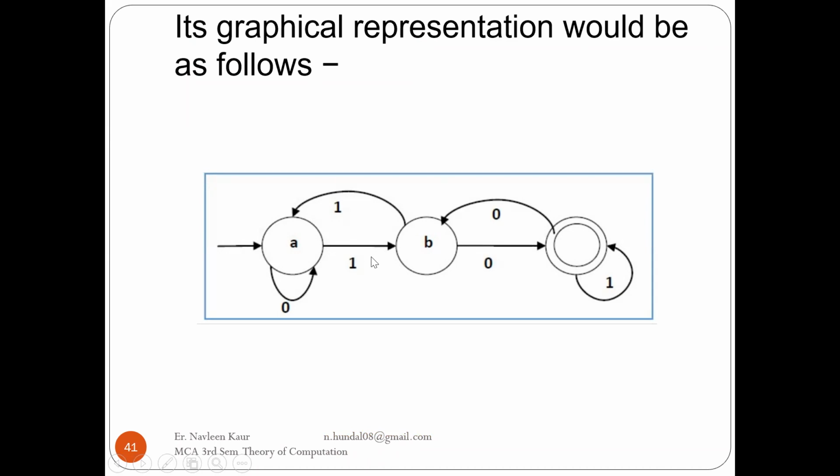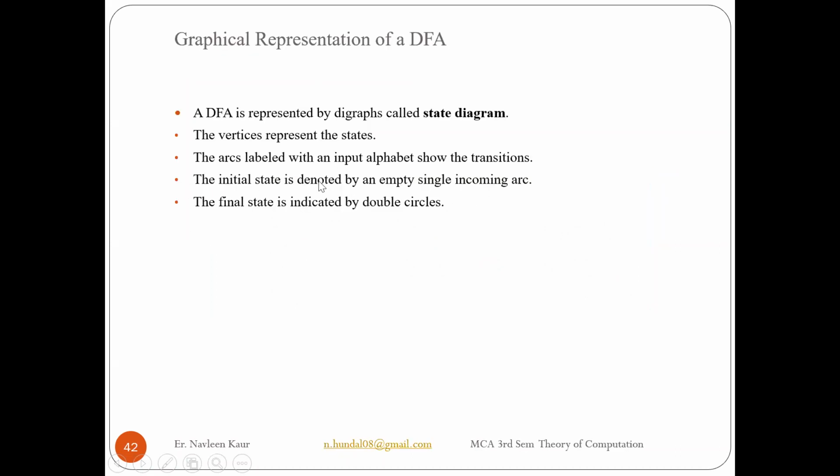It is helping you to judge from which state you are going to move to which next state. Okay, so how the transition is happening and from which current state you are going to move to the next state.